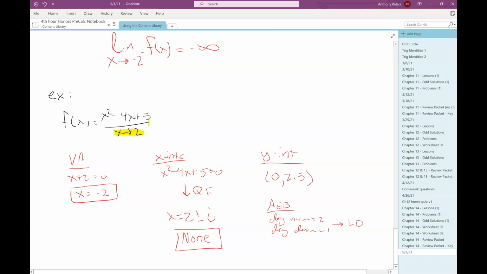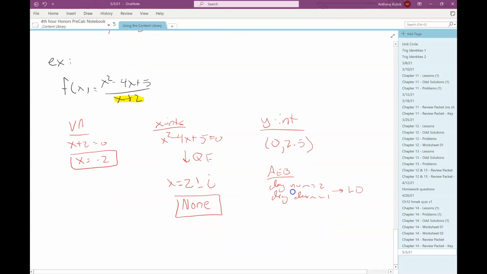I can do the synthetic division on this, which is what I would do because it's way faster and less to write down and all that jazz. So that's the way that I'm going to do it. You could do long division still, that would be okay. It wouldn't be wrong, but I wouldn't do it that way.